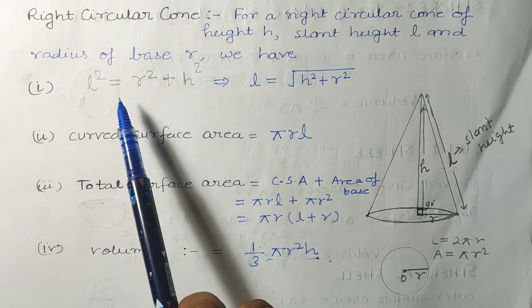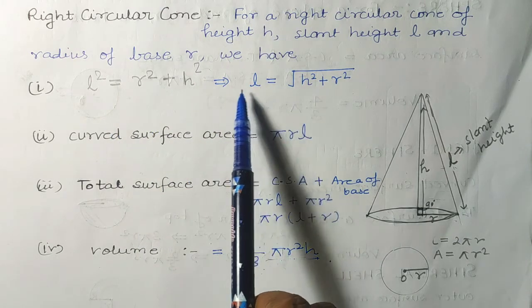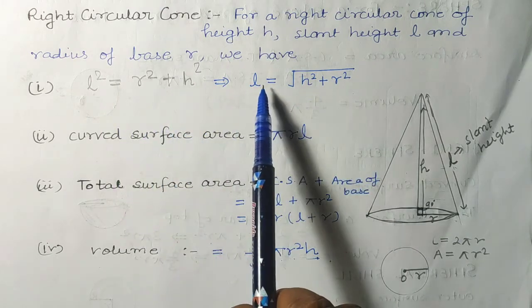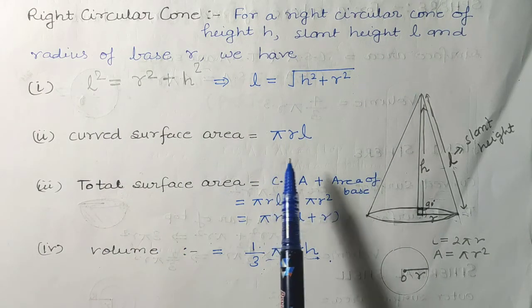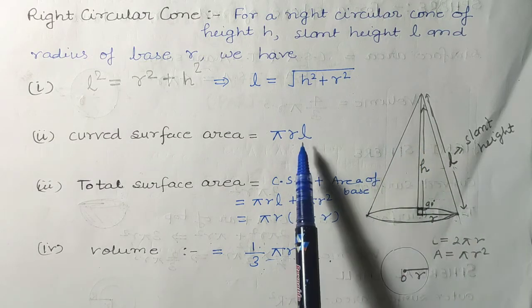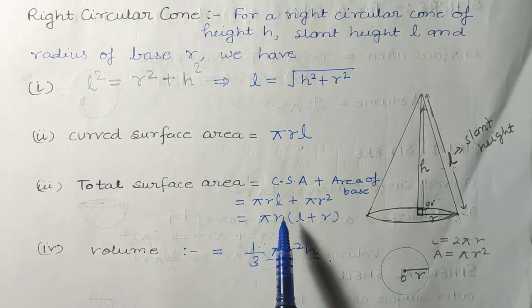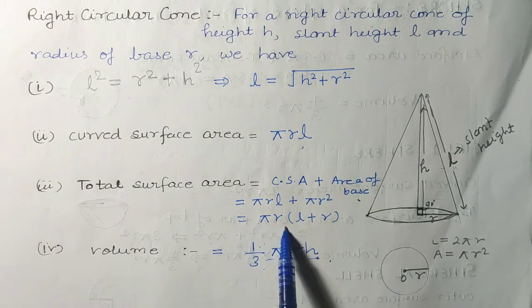For slant height the formula is l square equals r square plus h square, or taking square root of both sides, l equals root of h square plus r square. Curved surface area, excluding the area of the base, is pi r l. Total surface area is curved surface area plus area of base, means pi r into (l plus r), and volume is 1 by 3 pi r square h.